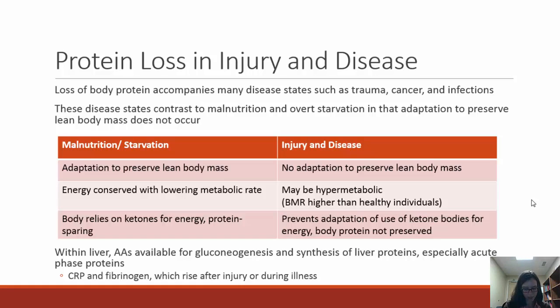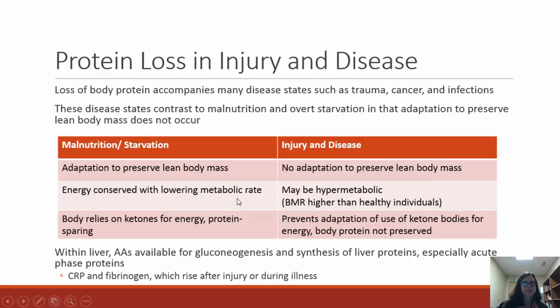So the body protein continues to serve as a substrate for energy during these times. So in this table, you can see the comparison of how protein is utilized in these different physiologic states. In malnutrition and starvation, we preserve lean body mass, but in injury and disease, we do not have this adaptation.